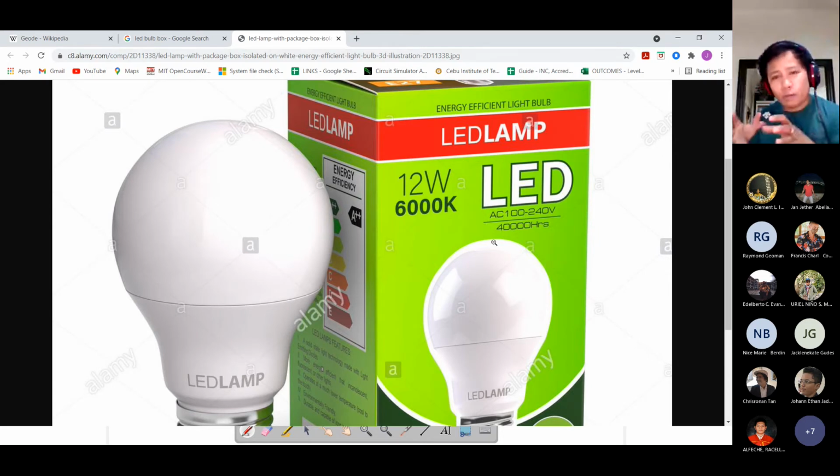You have to base it on your previous data, if you have used it before. Let's say for example, this lamp we used for 5 years until it broke. So you base it on how many hours there are in 5 years. But if you really have no data, because you have never used it before, what you do is simple. You do research.